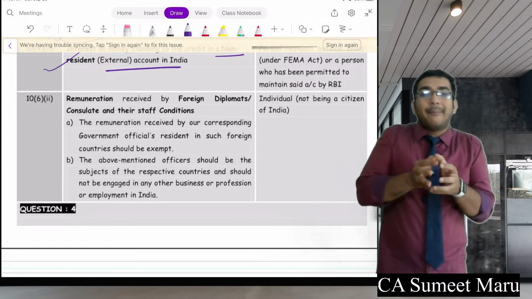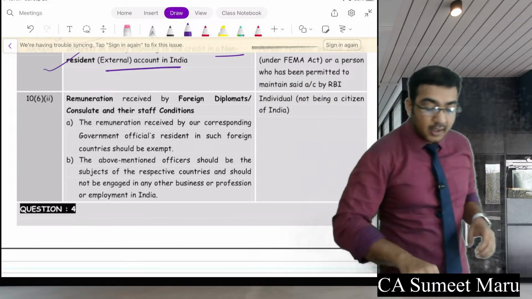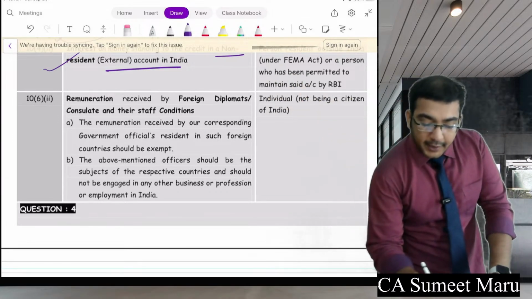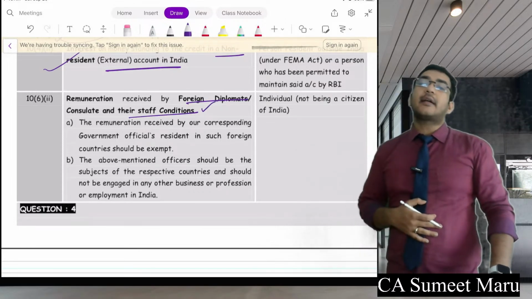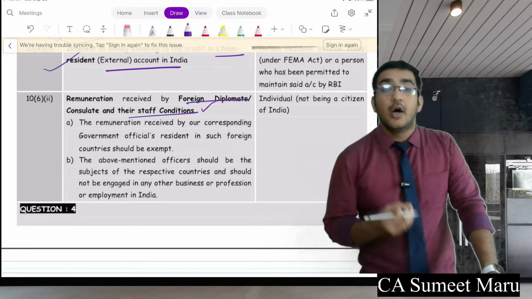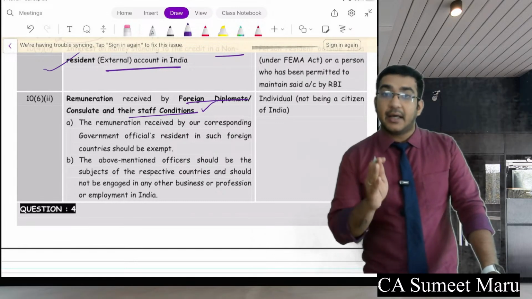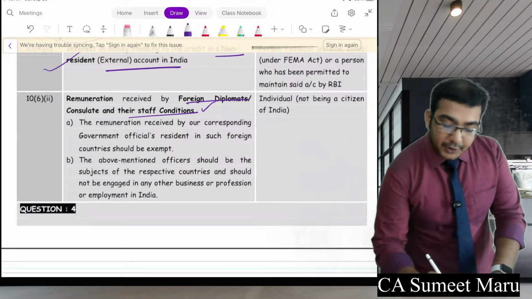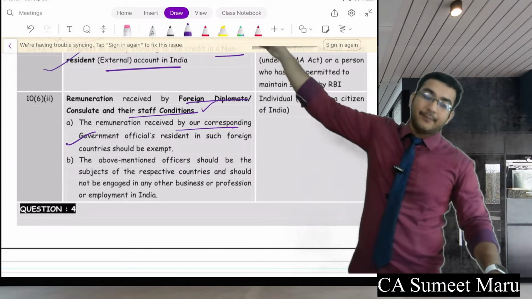But to take certain people out of this scope, they have given this exemption: remuneration received by a foreign diplomat, consulate and their staff. Whatever salary a US diplomat living in India gets, he will not be taxed in India if the same remuneration received by our corresponding government official is also not taxed in their country.